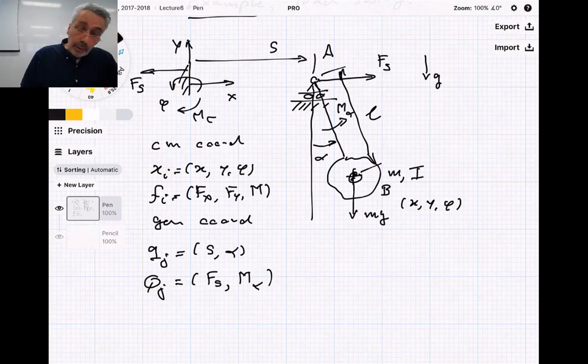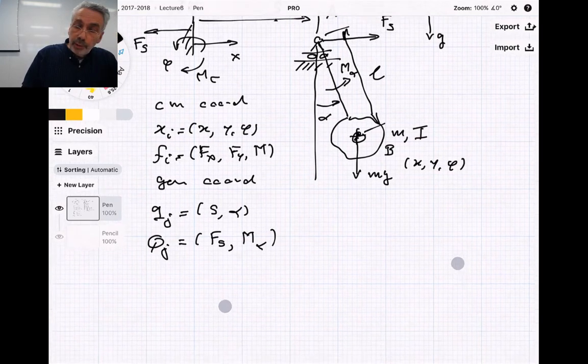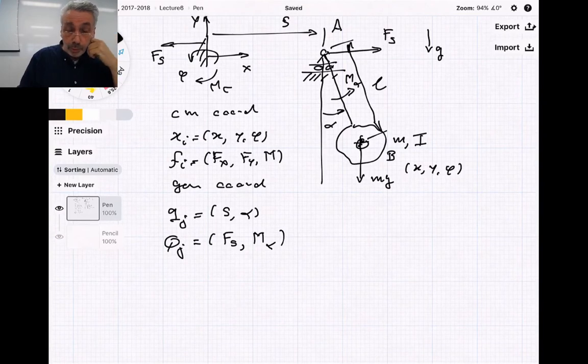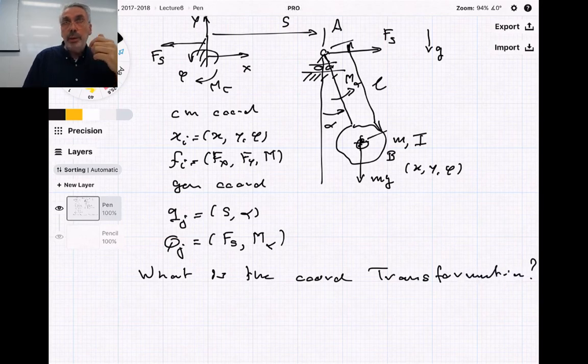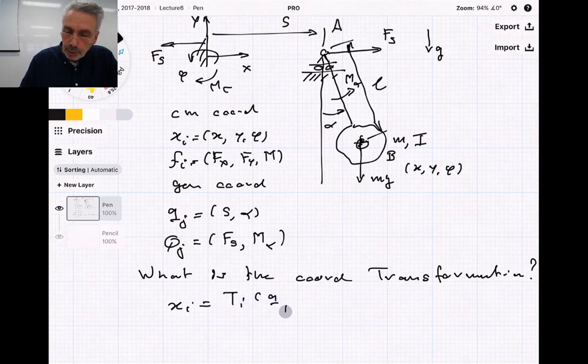Now the major thing we have to define is the coordinate transformation. Because we saw in the derivation of the equation of motion that the basic element there is that coordinate transformation and its derivatives. So we need to find xi is Ti of qj.